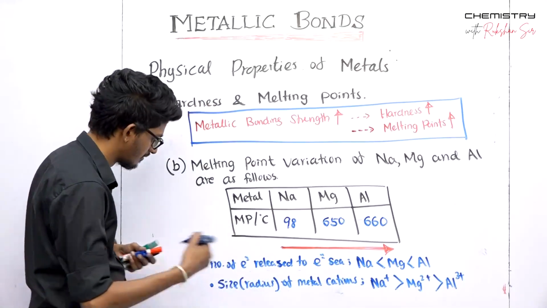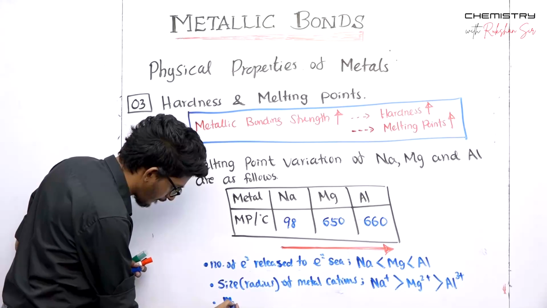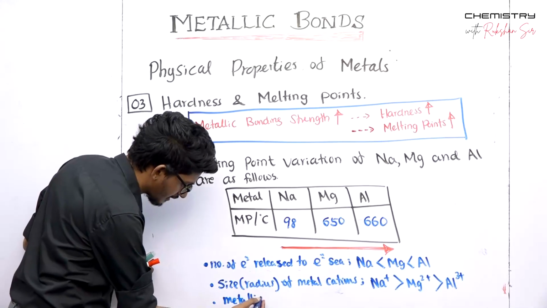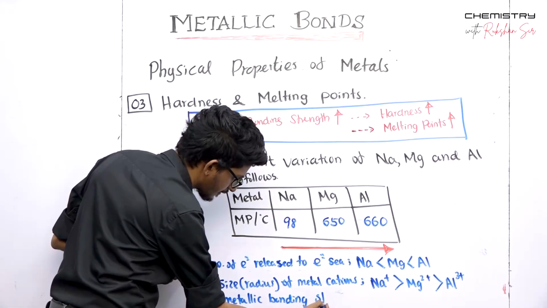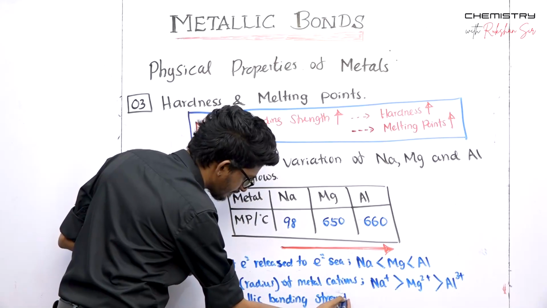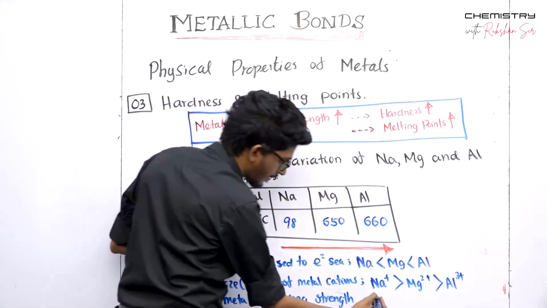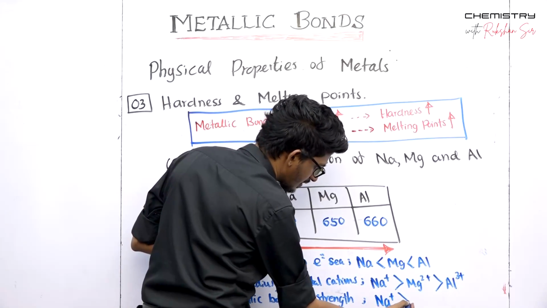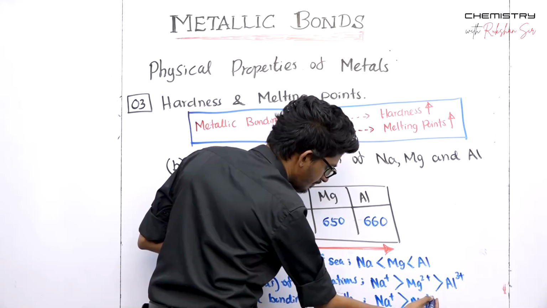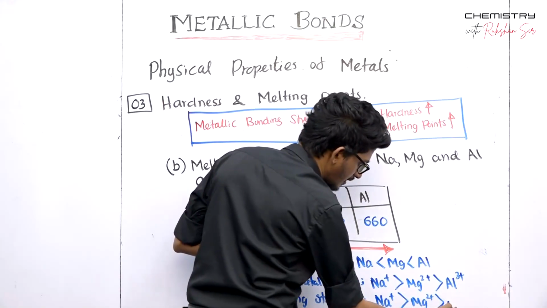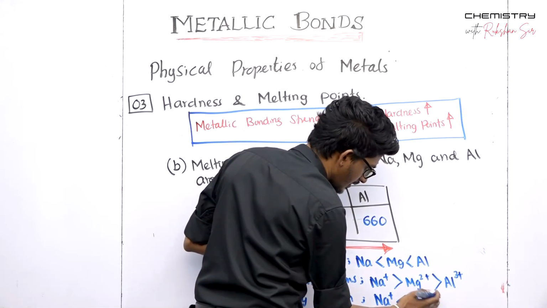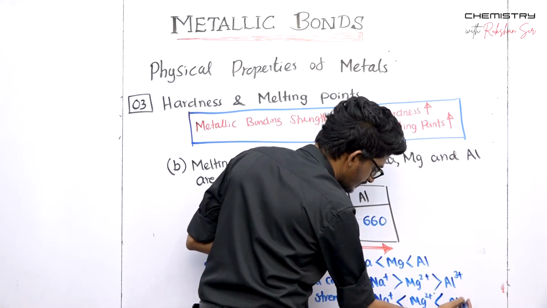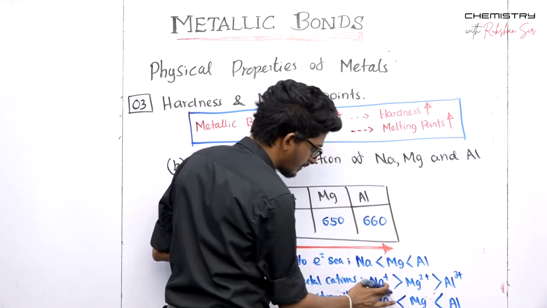So the metallic bonding strength will vary: sodium is the least, then magnesium, and greatest is aluminium.